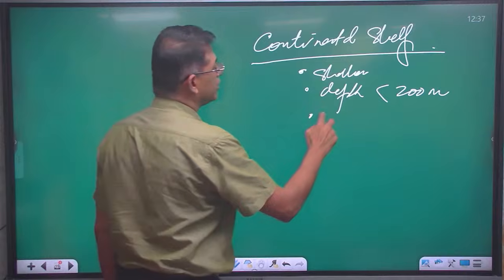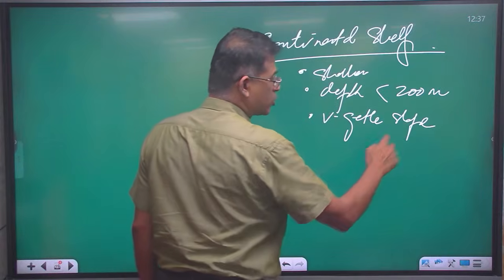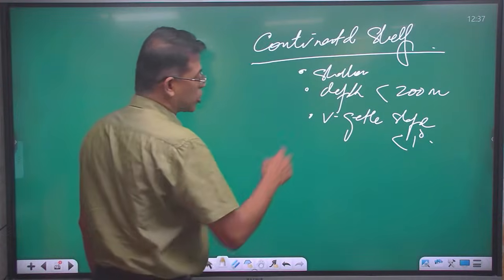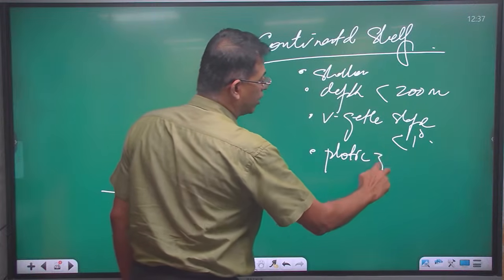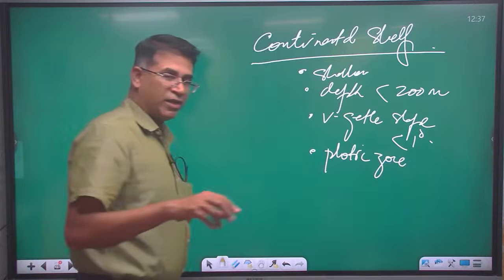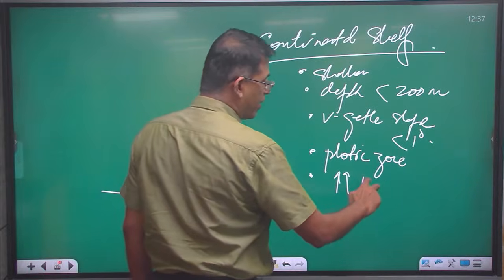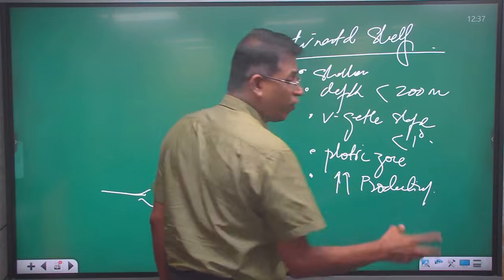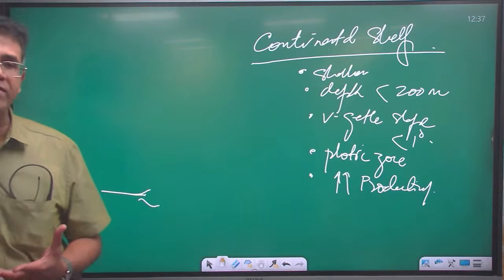This is a very gentle slope, a slope of less than 1 degree. The shelf is also the part of the photic zone. Okay. Shelf is very high in productivity. A lot of life forms, algae, nutrients, so very high productivity.